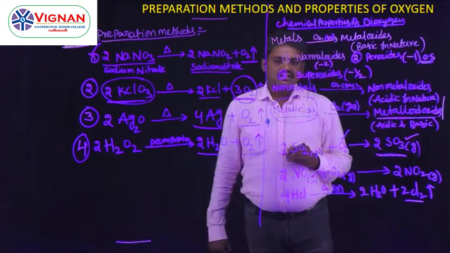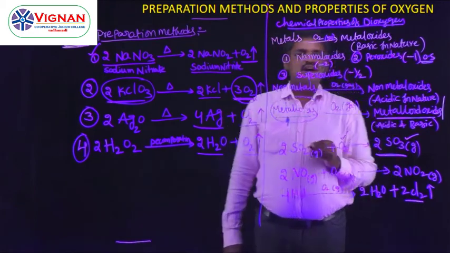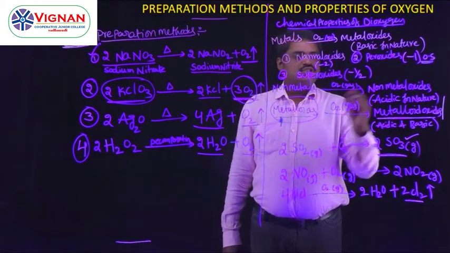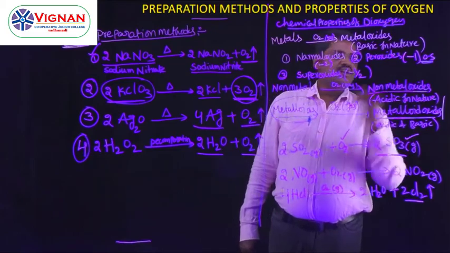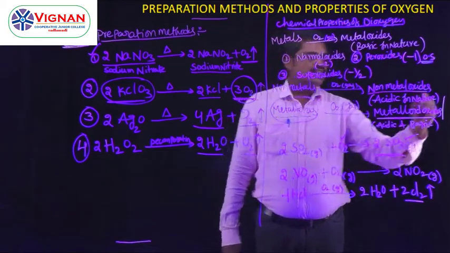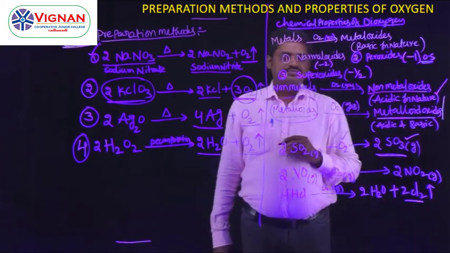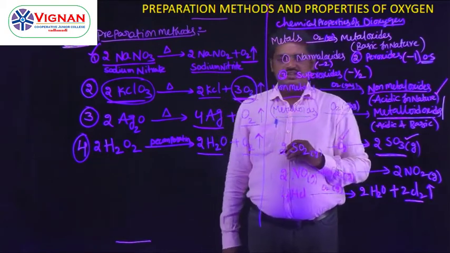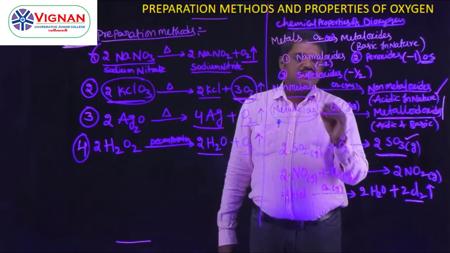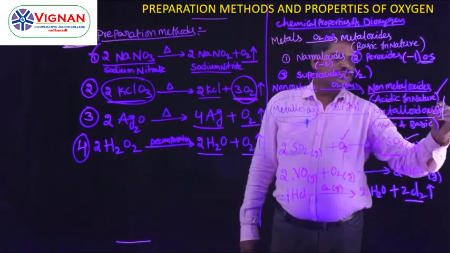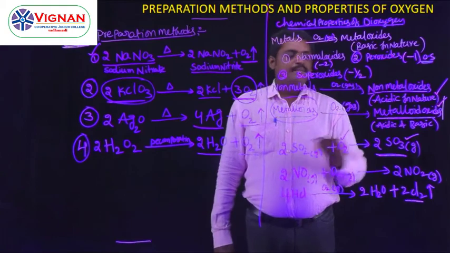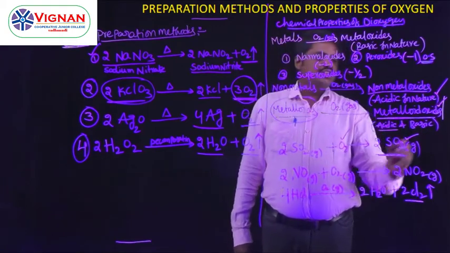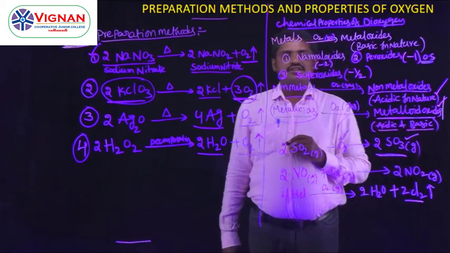Second, non-metals react with oxygen to produce non-metal oxides, which are acidic in nature. And the third category is metalloids. Metalloids react with oxygen gas to produce metalloid oxides, which exhibit both acidic and basic nature.